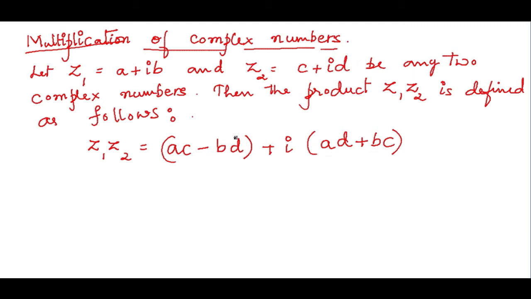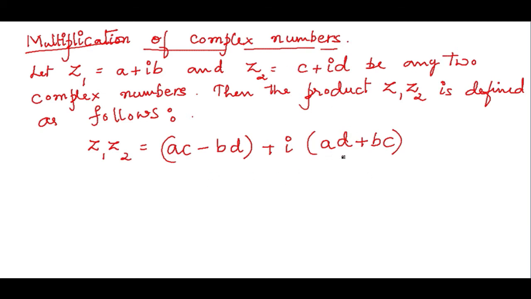So the real part of the answer is AC minus BD, plus the imaginary part, which is i into (AD plus BC), where A is the real part of Z1, D is the imaginary part of Z2, B is the imaginary part of Z1, and C is the real part of Z2.